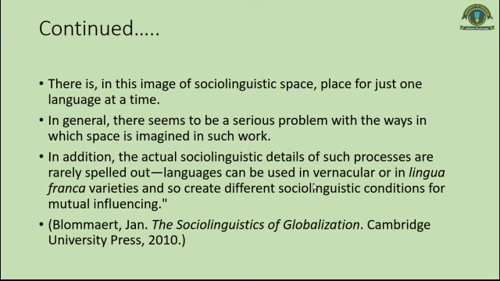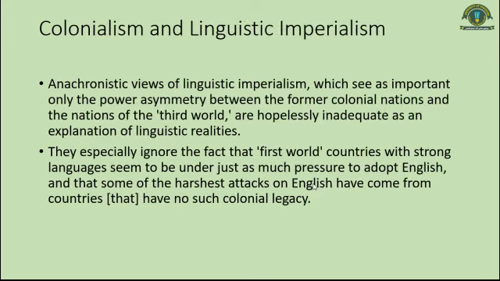In addition, the actual sociolinguistic details of such processes are rarely spelled out. Languages can be used in vernacular or in lingua franca varieties and so create different sociolinguistic conditions for mutual influencing. Thanks, courtesy to The Sociolinguistics of Globalization, Cambridge University Press 2010.